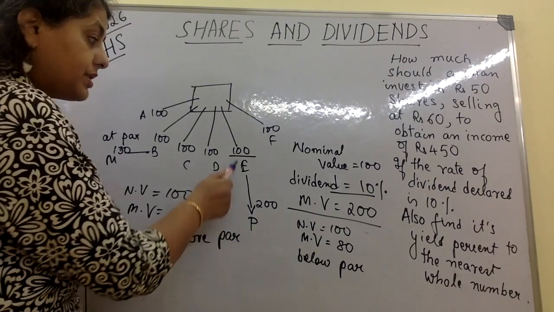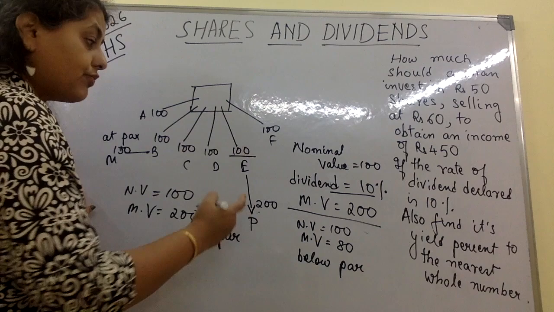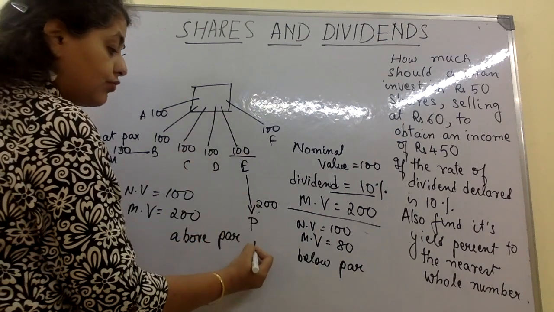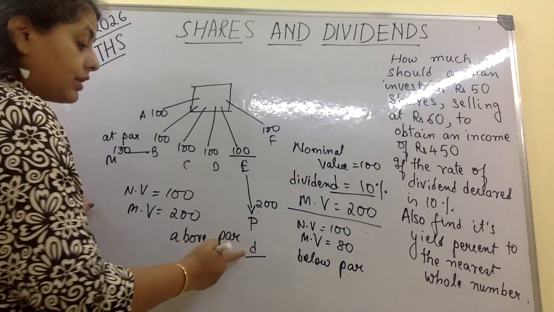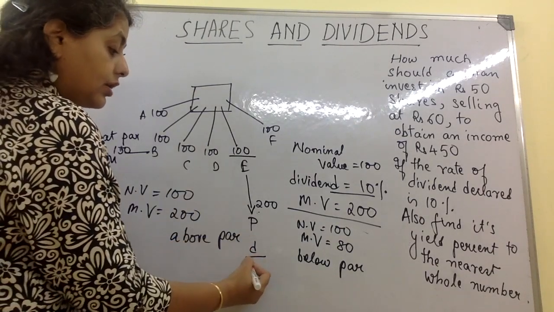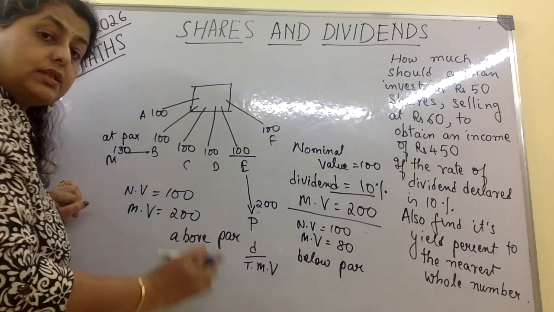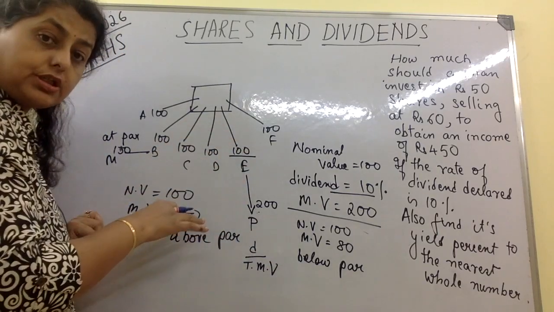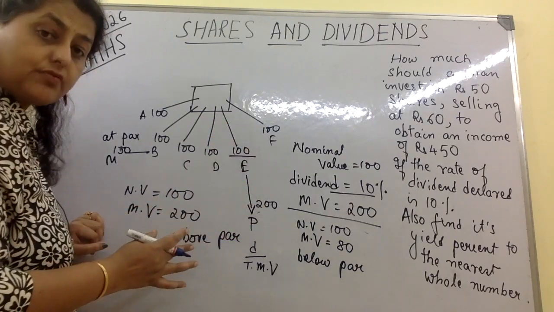Now if this person has bought it at 200, then the yield percent will be whatever dividend he makes, number of shares can vary, divided by the total market value. That means his total market value is nothing but his investment on the shares. Here I am speaking about only 200 shares, but maybe he has bought 1000 of that.